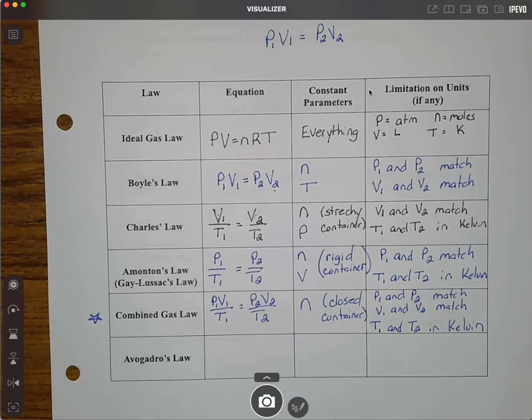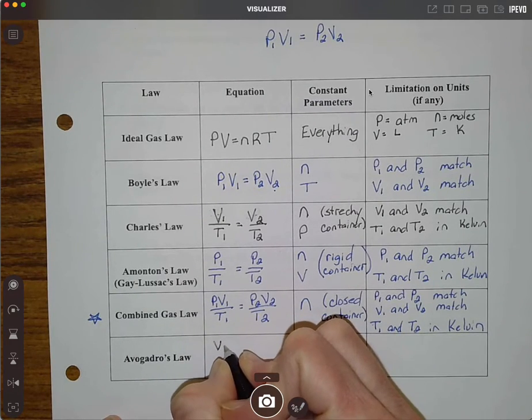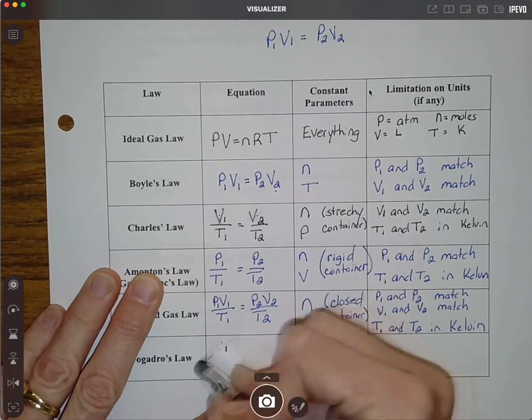The last one is Avogadro's law, which is a law that makes a ton of sense. If you put more gas in the container, the pressure goes up. So it's a relationship between the number of gas particles and the volume. So it's V1, or sorry, between the pressure and the number of particles.